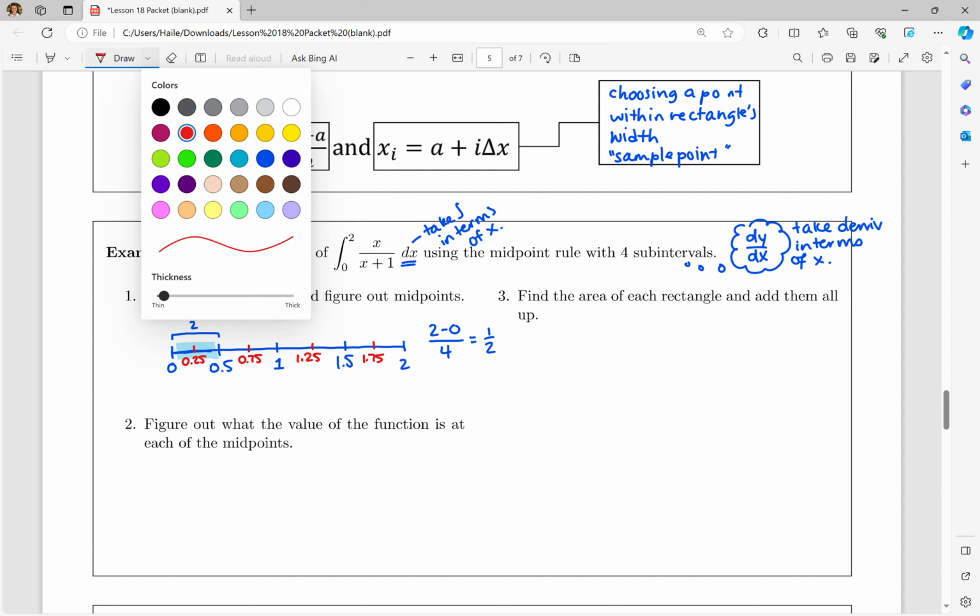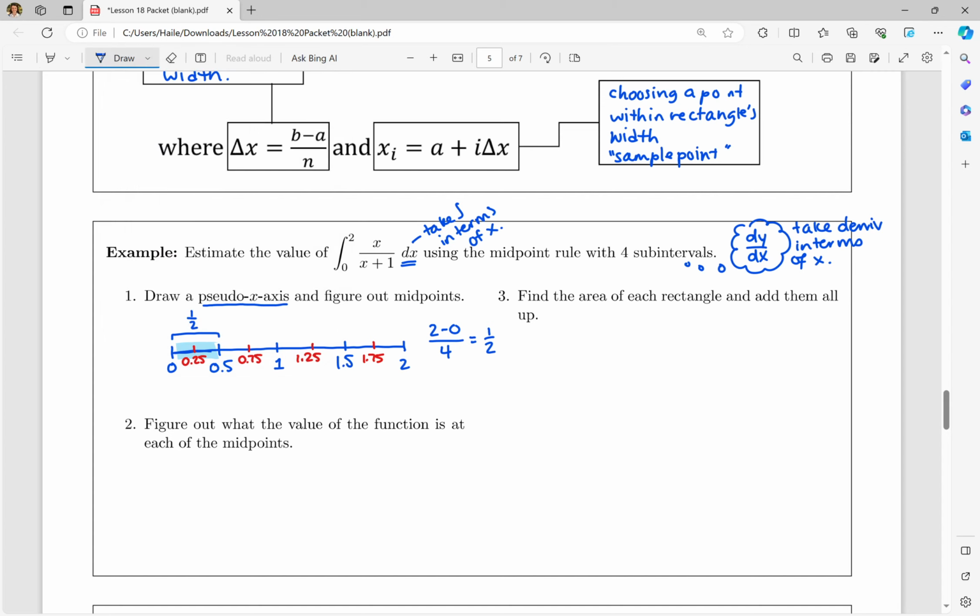Okay, that brings us to step 2. We want to figure out the value of the function at each of the midpoints. These were the rectangle widths, and now we want to find the rectangle heights. In this case, f of x is equal to x over x plus 1.